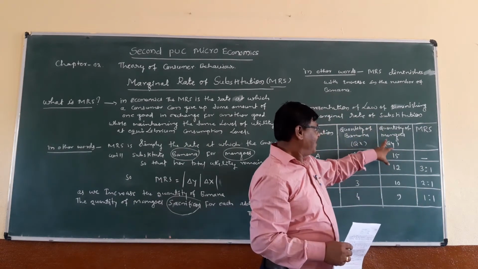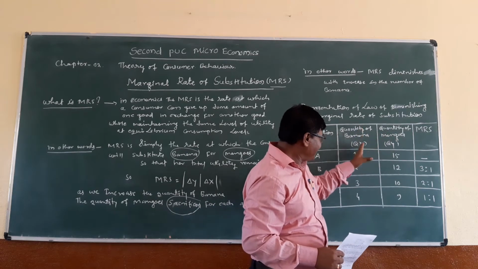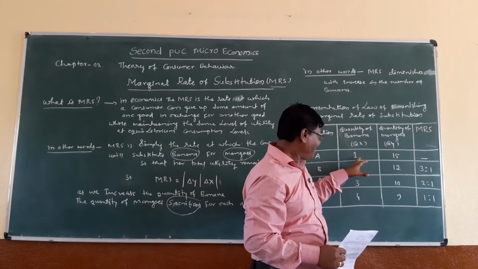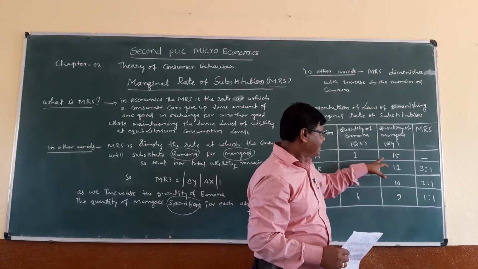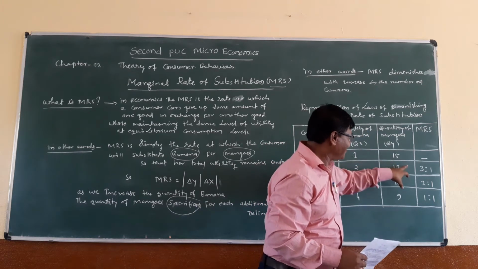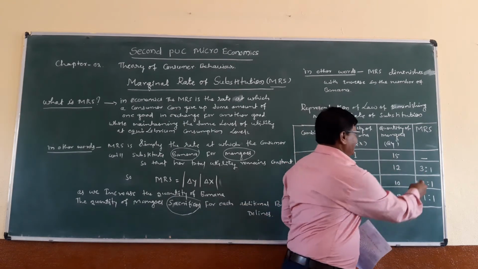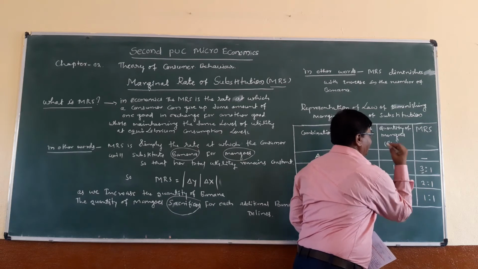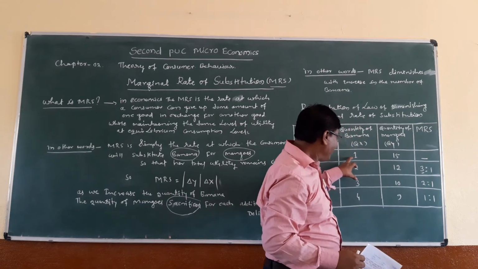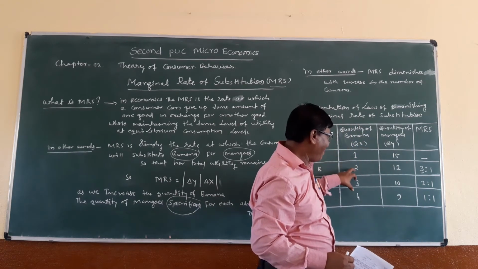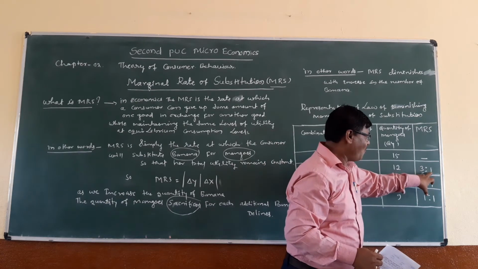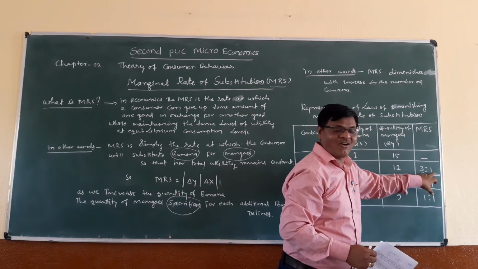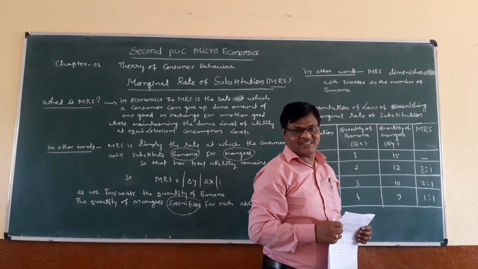If the consumer increases 1 banana, the sacrificed mangoes are 3. Banana increased by 1. The marginal rate of substitution is equal to 3:1. It is clear.